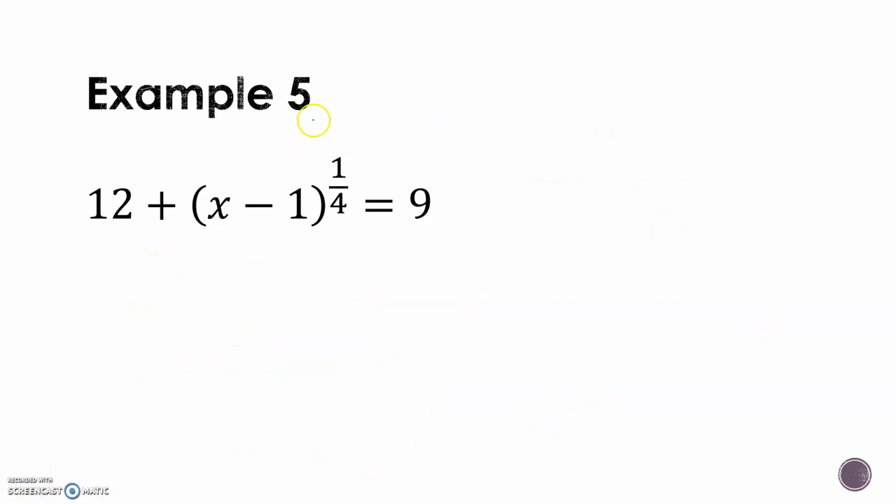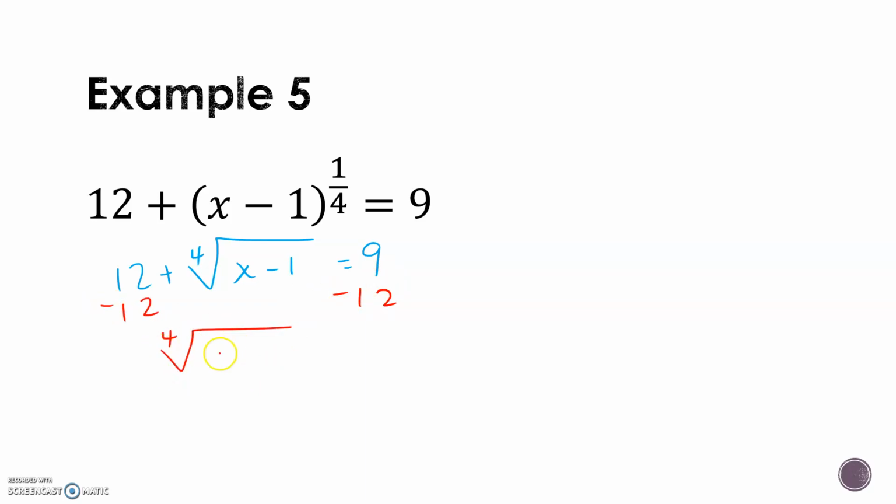Okay, here's another one. Now this is 1/4 power, so instead of the square root, you'd have a fourth root of x minus 1. So 12 plus this is another way to write this equation. Go ahead and solve. Subtract 12, subtract 12.